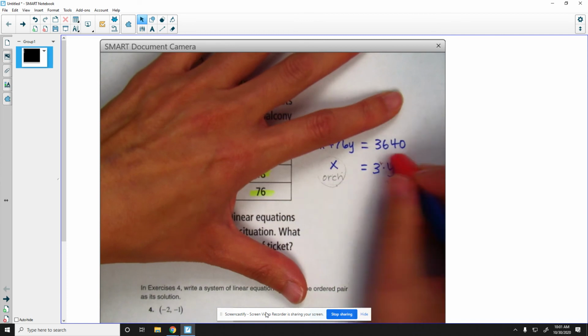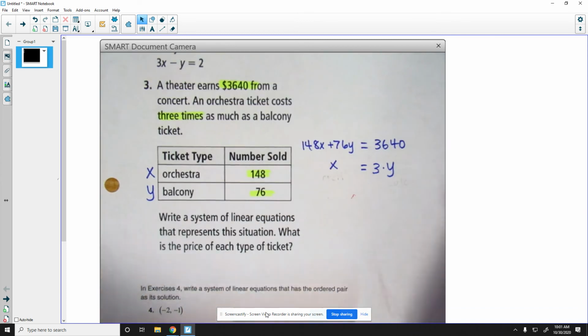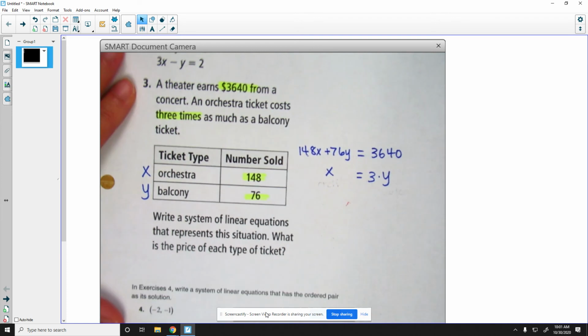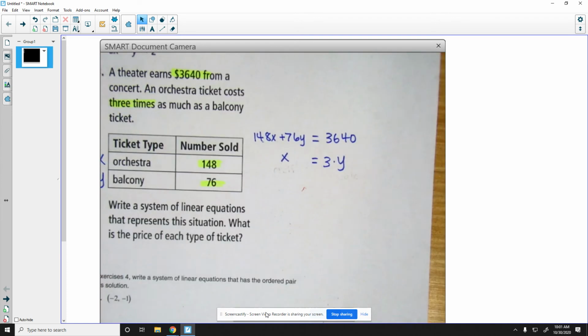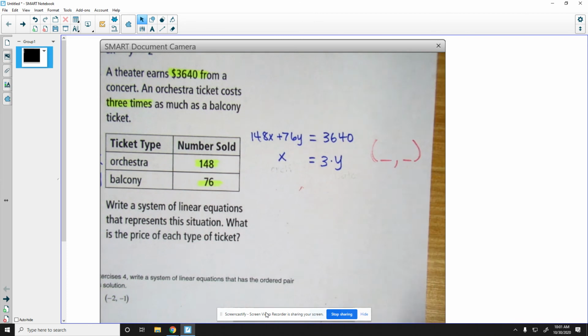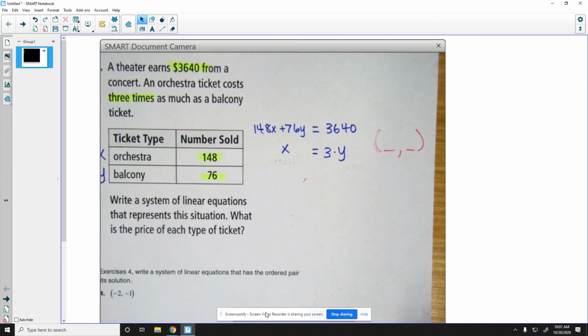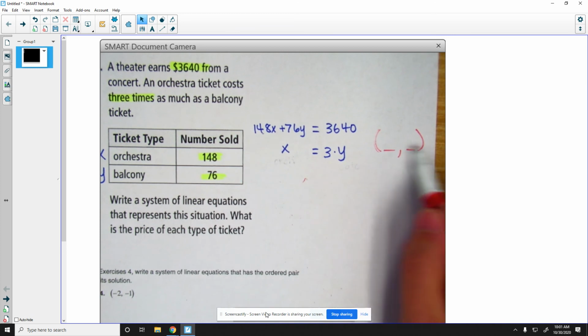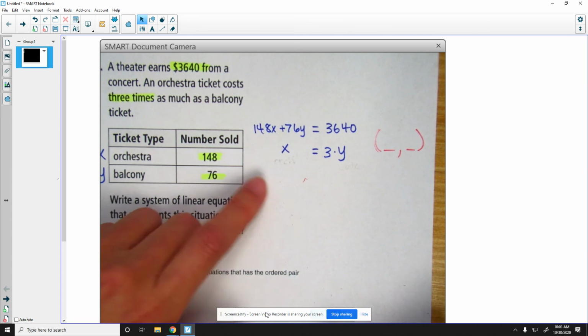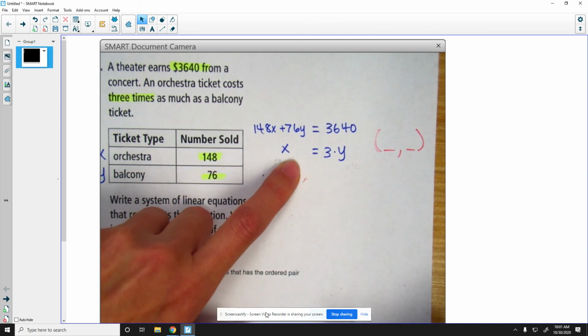Okay, so now we wrote the equation. It says, what is the price of each type of ticket? So essentially what they're asking is, solve it, get something comma something as your answer, and then figure out how much of each type of ticket. Okay, so let's solve by substitution. Solve for X or Y. Oh, this one already has solve for X, right?